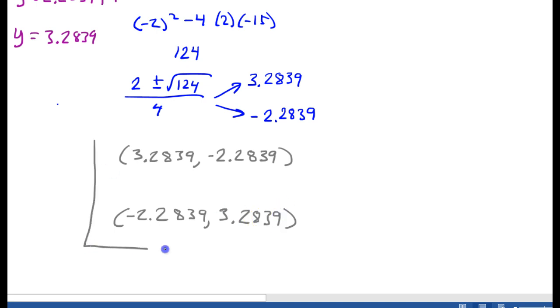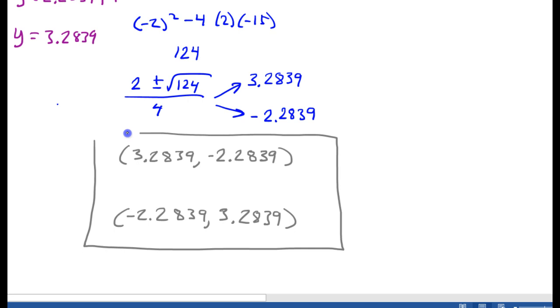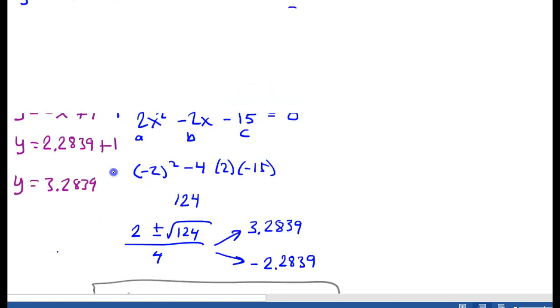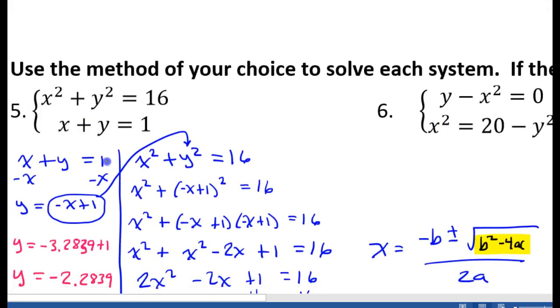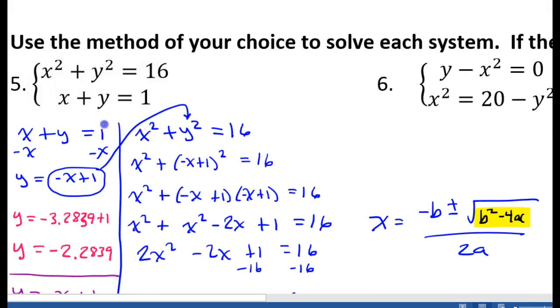Okay, so these are the two solutions, and I guess at this point I could have rounded them down to 2 decimal places. Let's look at Desmos and see what this looked like. Before we look at Desmos, let's think to ourselves what kind of shapes these are.